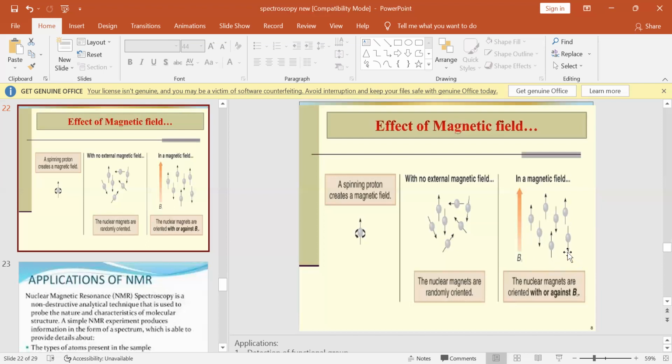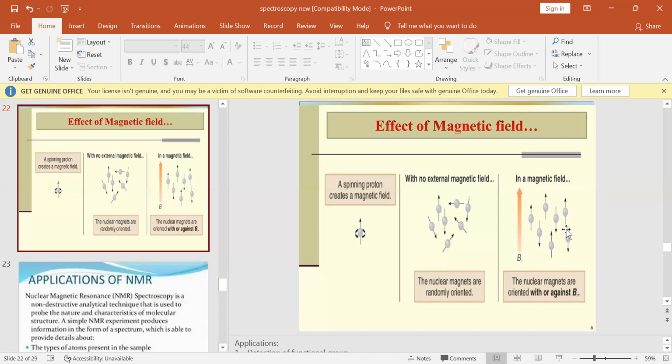By supplying the radio frequency, the transition from the lower to the higher energy level takes place. In order to do the transition, the energy gap delta E between the two levels must be supplied.